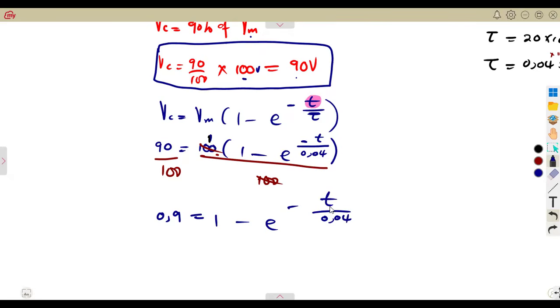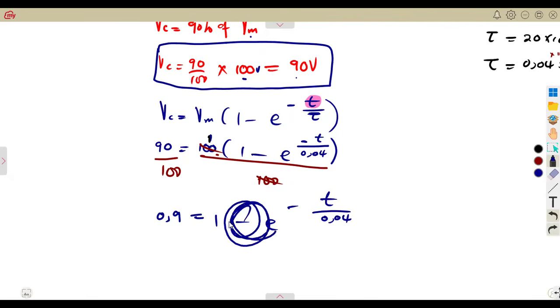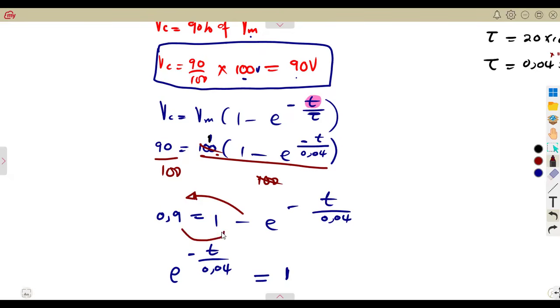I need to calculate the value of t, but look, it is in the exponent of e, and that exponent is carrying a negative. So let me avoid this e having a negative. How can I avoid that? I can take it to the left-hand side so that it will be e to the exponent of minus t over 0.04, which is equal to, on the right-hand side there was a 1, then I have to take the 0.9 to the other side.